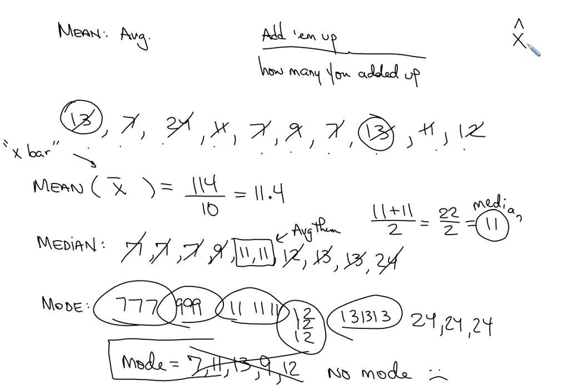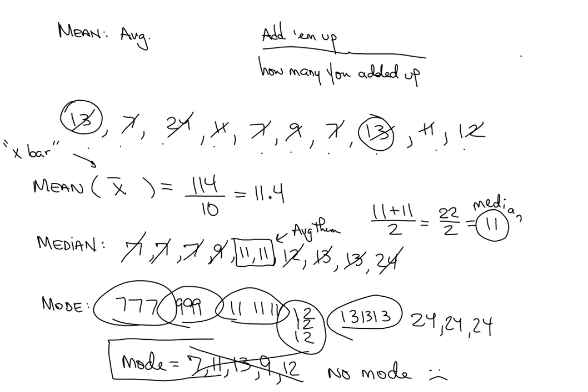That's called X hat. And I believe that gets used for median, but that's something that we're not going to see in our book. The only one in our book is X bar. And I've never seen anything for mode. Okay, questions about mean, median, or mode?